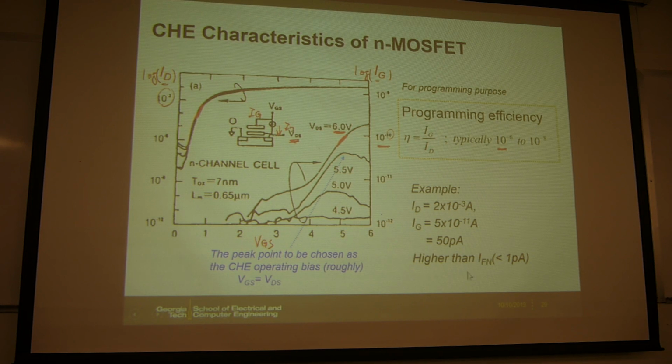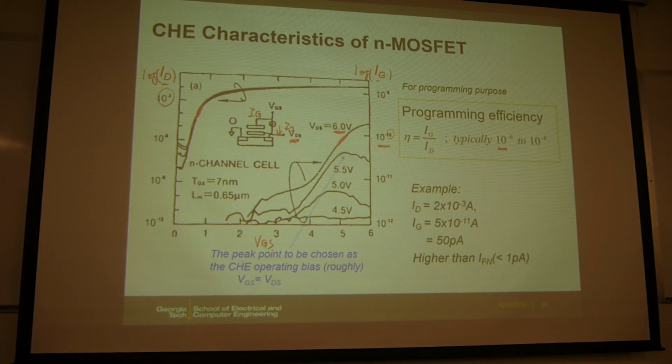This is much higher than the FN tunneling. If you look at FN tunneling, the tunneling current to the gate is less than 1 picoamp, and here it is like 50 picoamp. So FN tunneling is much more efficient because all the electrons will go to the gate. If you recall the FN tunneling, what we did there, we are not flowing the drain current.